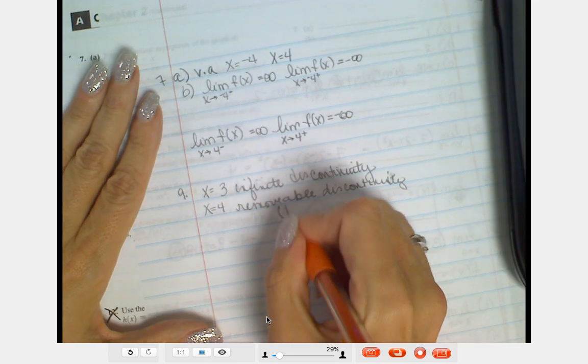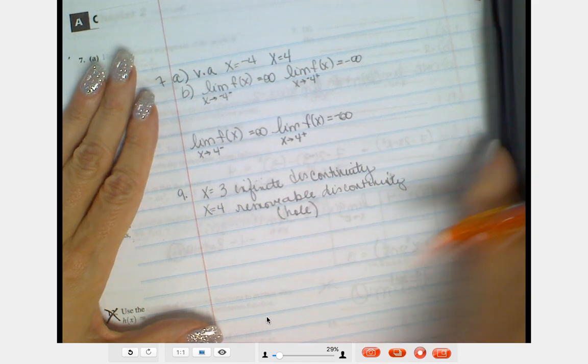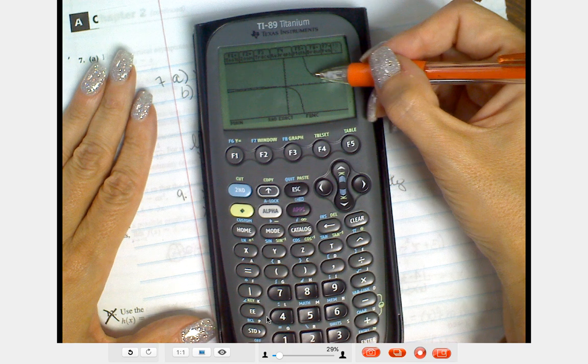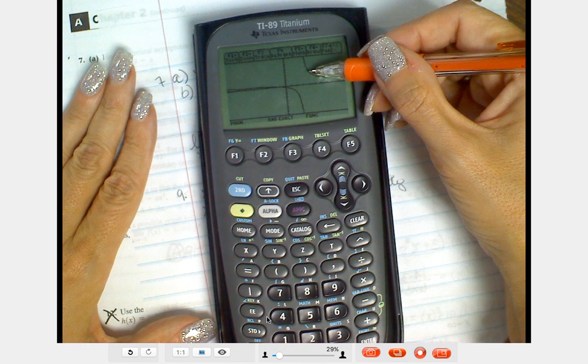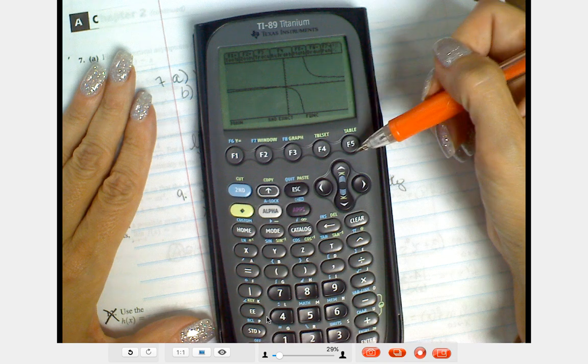Basically, anytime there's a hole, we won't see it on our calculator due to the pixels, so you're not going to see a big gaping hole because of the way it's drawn. But if you check your table, it looks like at 4 it's a continuous graph, but there's an error.